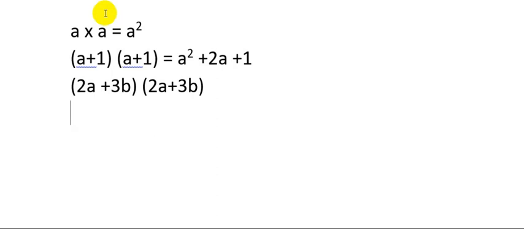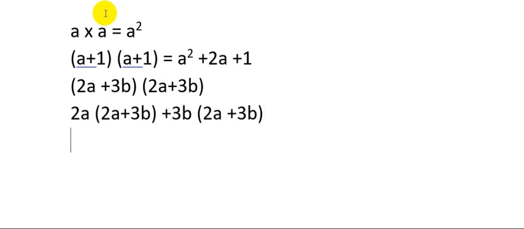As we follow the same method, 2a we multiply by 2a plus 3b, then again 3b we multiply, so we must include the operator, plus 3b multiplied by 2a plus 3b. So 2a multiplied by 2a is 4a square, plus, because all the values carry a positive symbol, when you multiply plus into plus, it is always plus. 2a multiplied by 3b is 6ab.